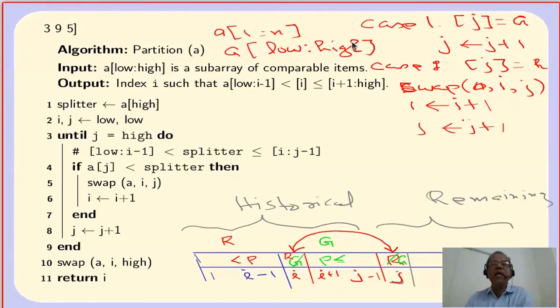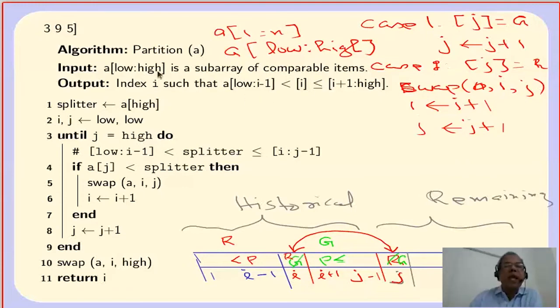If I write the algorithm to work on a subarray A low to high, I can always make it work on A 1 to n by passing 1 for low and n for high. But if I hard code it for 1 to n, I can never make it work for any subarray. So this is a good programming technique. Whenever possible, when the parameter is an array, make it work on a subarray.